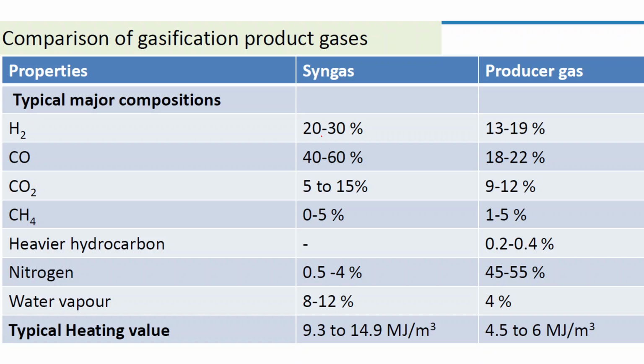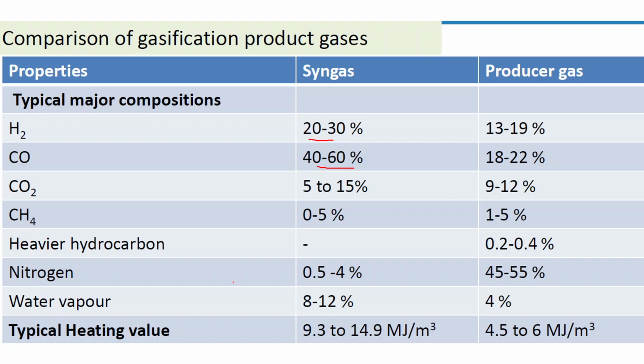We can see that the hydrogen content of syngas is more compared to producer gas, that is 20 to 30%, whereas it is less in producer gas, 13 to 19%. Carbon monoxide is 40 to 60% here, and 18 to 22% there. The carbon dioxide content is 5 to 15% here, and 9 to 12% there.